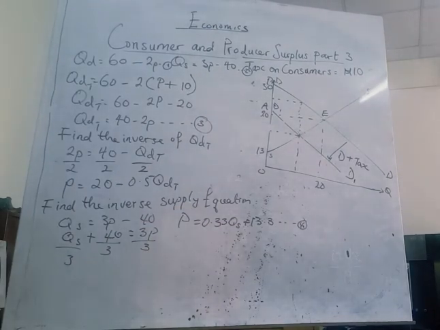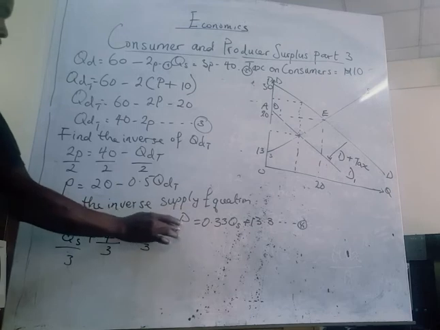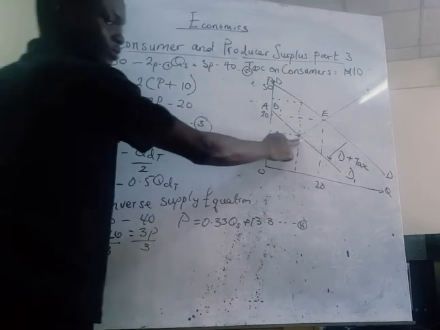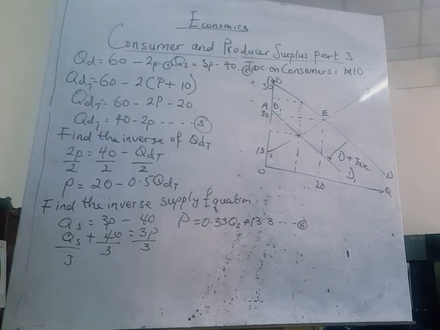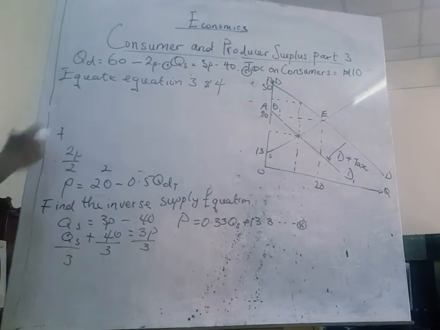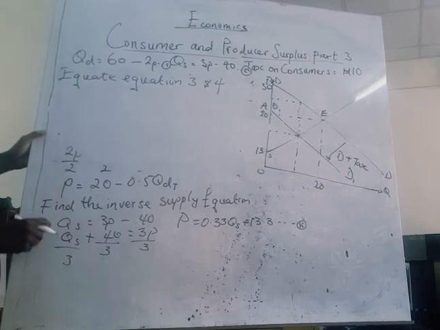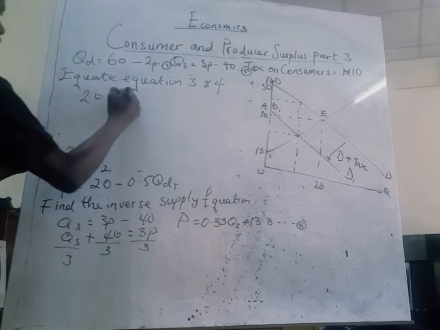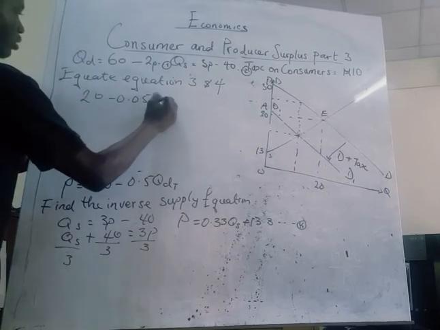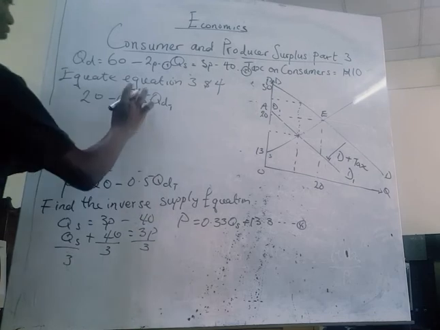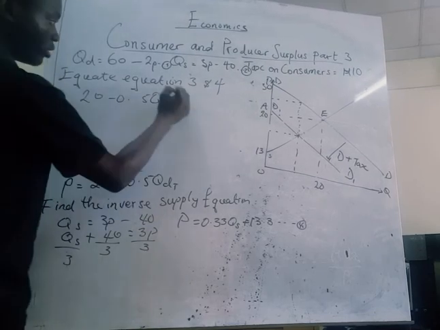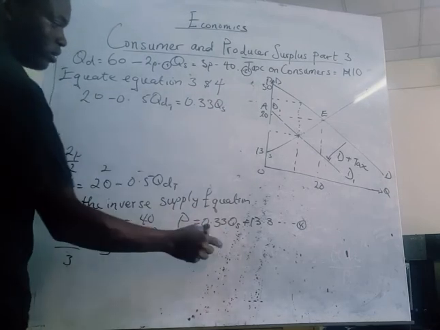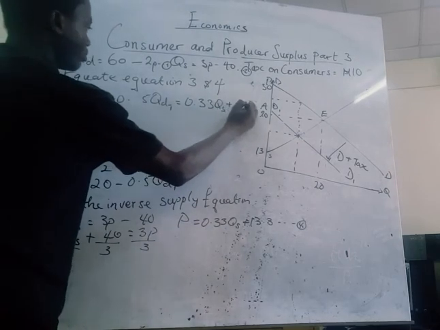Now what we have to do is to equate equation 4 and equation 3, because that is what the graph is saying. This is for equation 3, so we have 20 minus 0.5 Qdt equals 0.33 Qs plus 13.3.